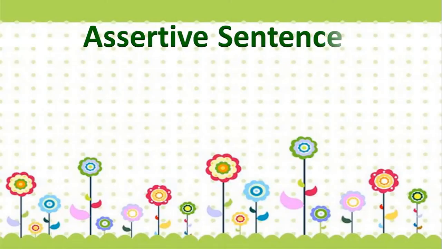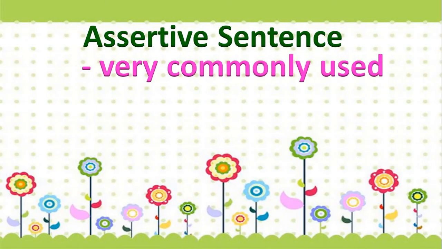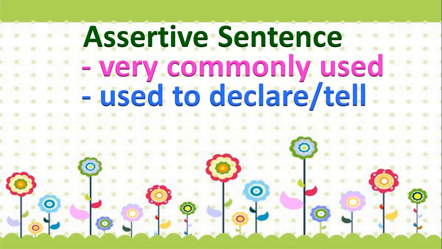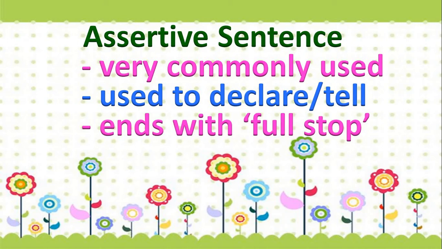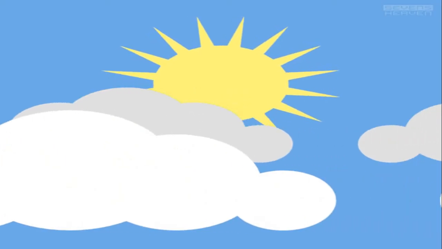What's an assertive sentence? Assertive sentence is very commonly used, children. Most, 90% of the sentences that we use are assertive sentences, and they are used to declare something and to tell someone something. Fine? Whenever we want to tell or declare anything, we use assertive sentence, and the assertive sentence always ends with full stop.